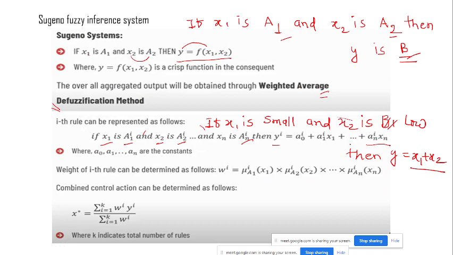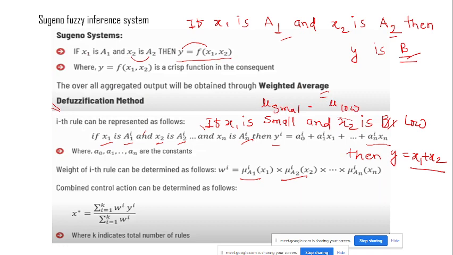Now after defining the rule, what is our next step? The weight of the ith rule can be determined as follows. Wi equals membership of a1 of x1, membership of a2 of x2 and so on. How do you find the weights? Weight of rule 1 is membership of small into membership of low.